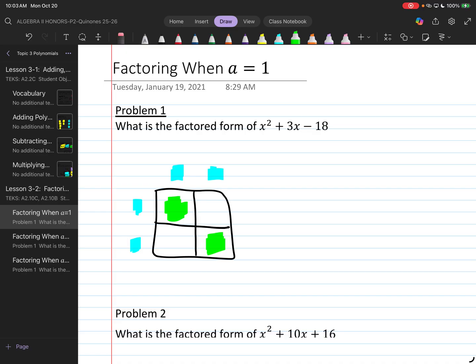We know that this x squared went right there, and that my constant went right over here. If you didn't know that, that is where they belong when we are factoring trinomials using the box method.